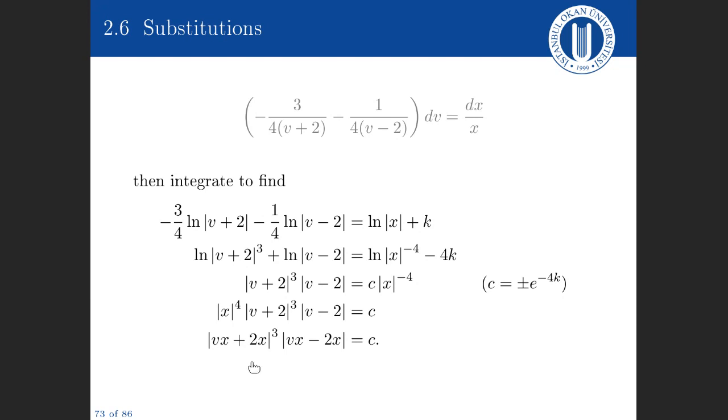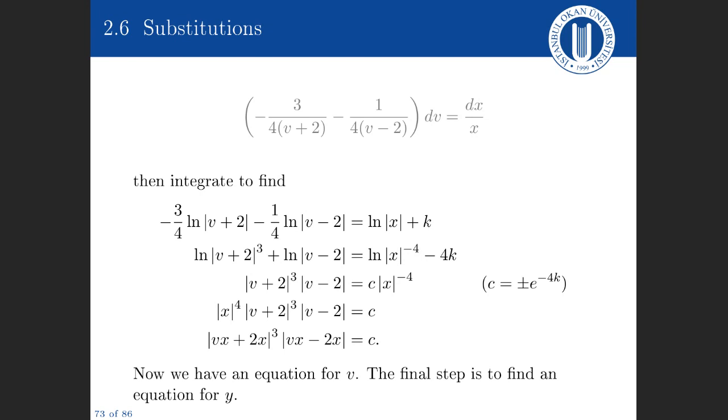Rearrange this, and I end up with the equation at the bottom. Absolute value of (vx plus 2x) all cubed, times absolute value of (vx minus 2x), is equal to some constant c. You should be able to do this.